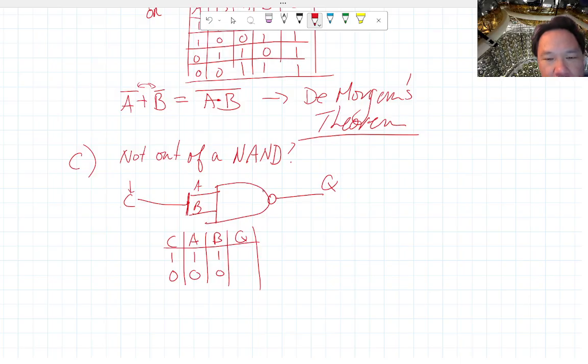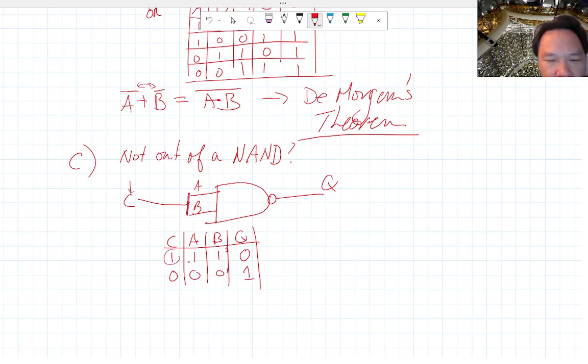Okay, and this is a NAND gate. NAND means that if there's an AND between them, an AND will give you 1, but since you want the opposite, since it's a NAND, it gives you 0. And then for the second row, the two inputs are 0, the AND between them is 0, but you want the opposite of that, so that gives you 1.